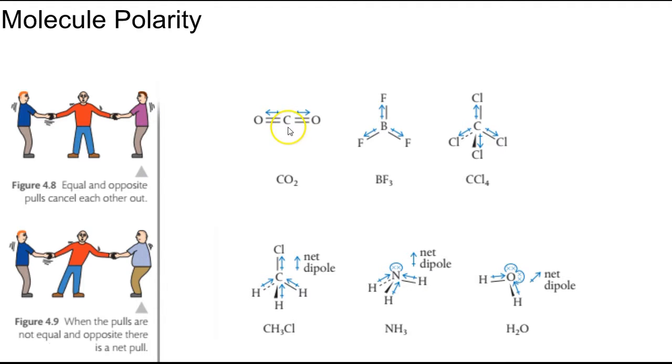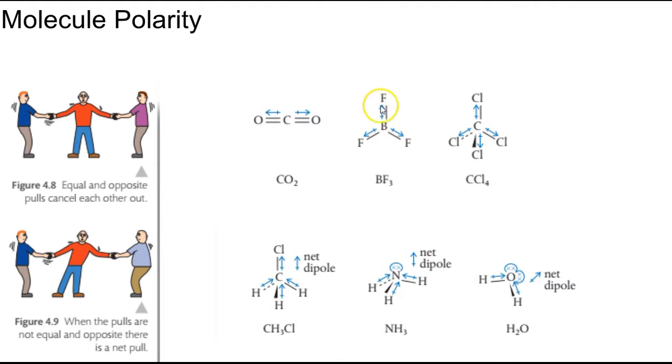So here's carbon dioxide. Oxygen is a lot more electronegative than carbon, so it's going to be pulling electrons this way. However, that is canceled out because of the symmetry of this molecule by this oxygen pulling carbon this way. So CO2, we are going to say, is a non-polar molecule. It is not polar. Same thing with BF3. Yes, these are polar bonds.